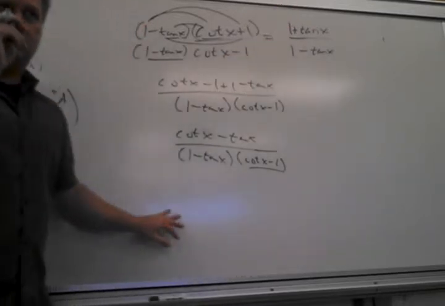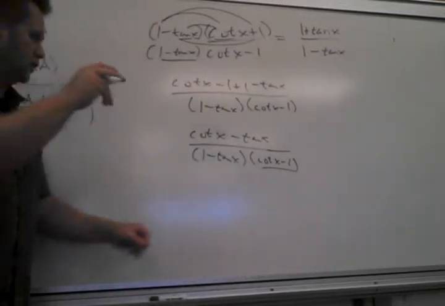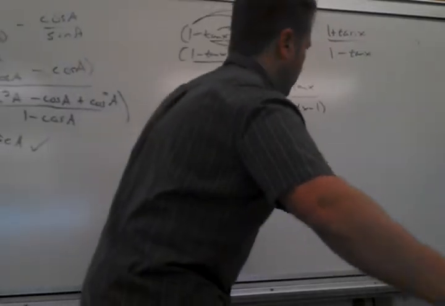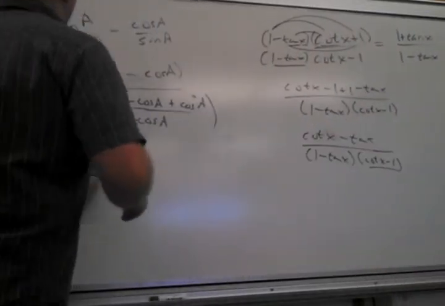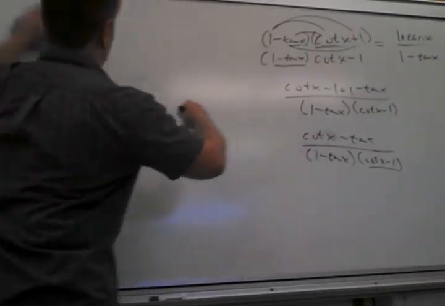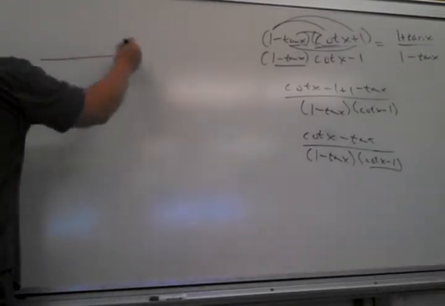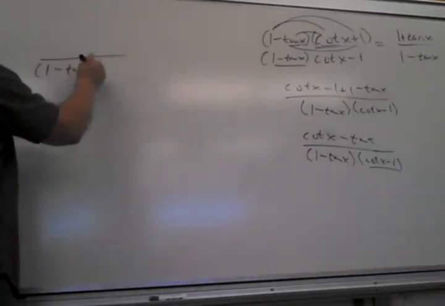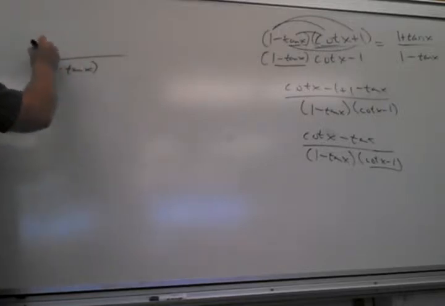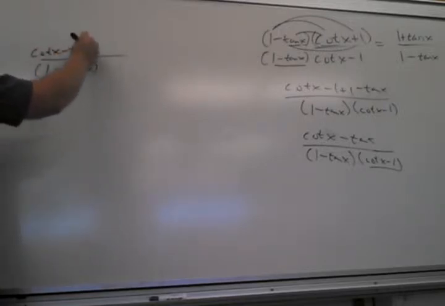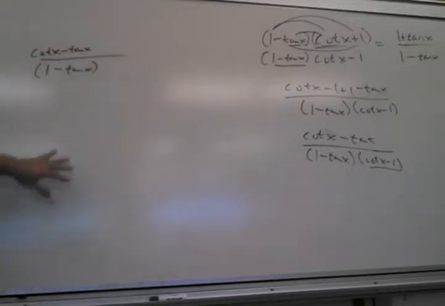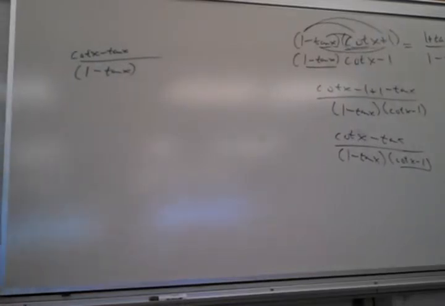You continue the idea. Let me put it over here so I can get more room. So on the bottom, I've got what I want. On the top, I have this. You guys can handle this. This is the way that I thought of doing this, but there might be other ways.